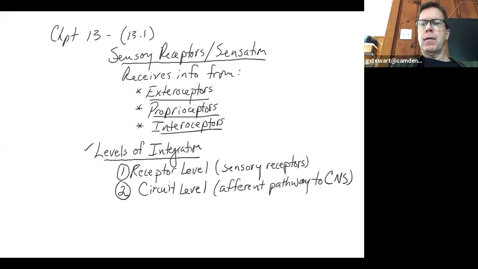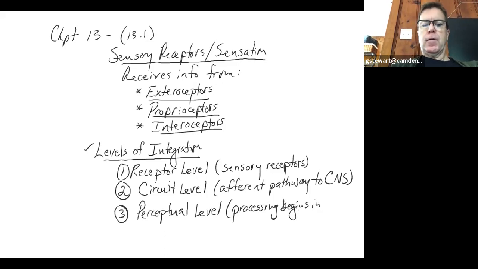And finally, as always, there's a perceptual level that occurs in the central nervous system, particularly in your brain. So I'm just going to put processing begins in the brain, specifically in those cortex areas. Think somatosensory cortex areas.